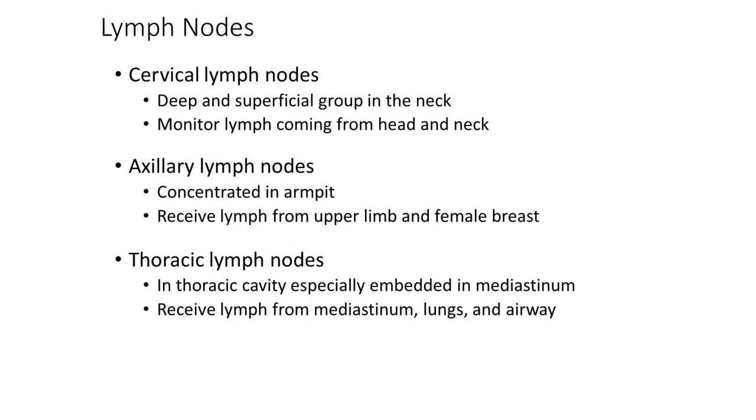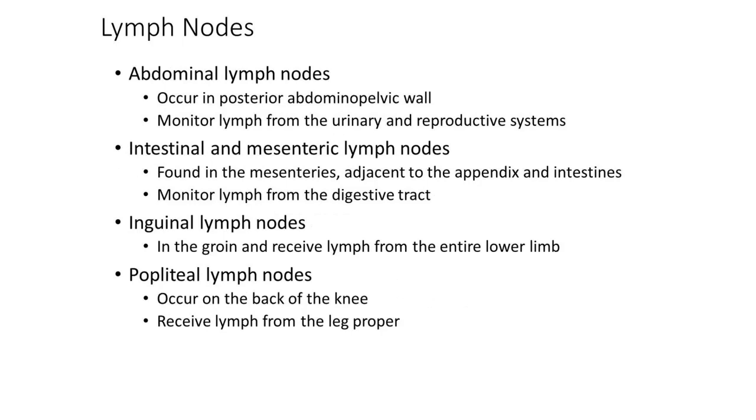They receive lymph from the mediastinum, the lungs, and your airways. You also have some in your abdomen. These occur in the posterior abdominopelvic wall, and they monitor the lymph from your urinary and reproductive systems.